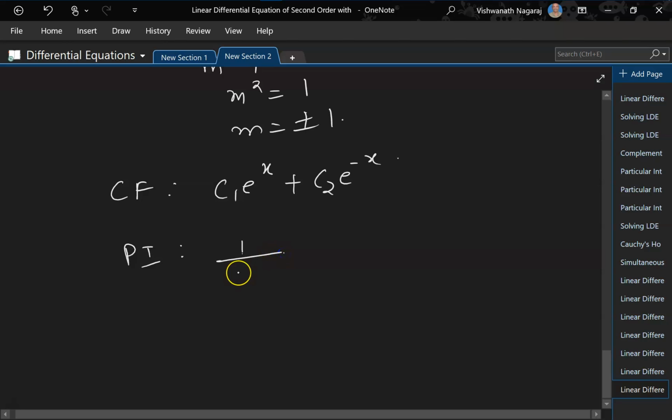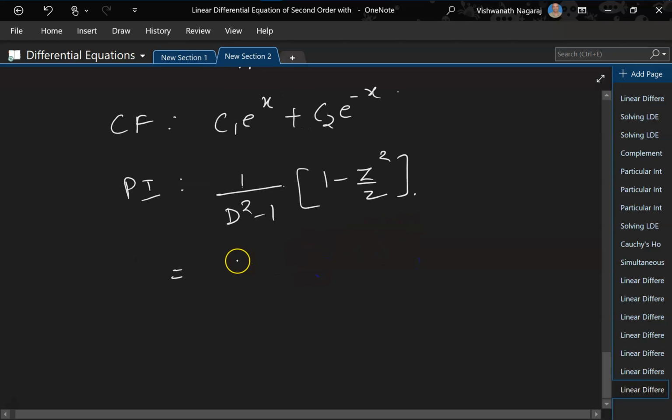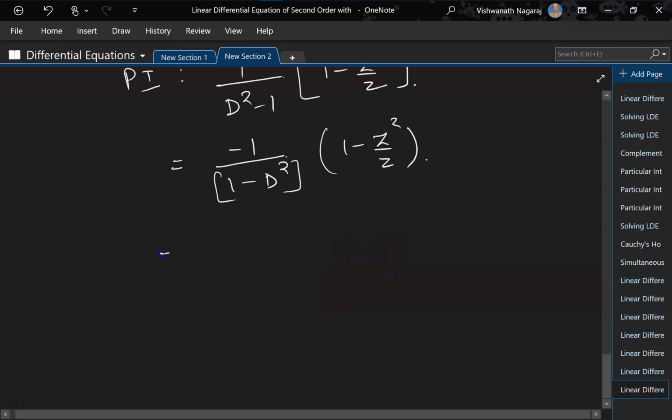1 by D square minus 1 times 1 minus z square by 2. This can be written as minus 1. I am taking the minus from the denominator, so it becomes 1 minus D square times 1 minus z square by 2, and this can be written as minus of 1 minus D square to the power of minus 1, times 1 minus z square by 2.